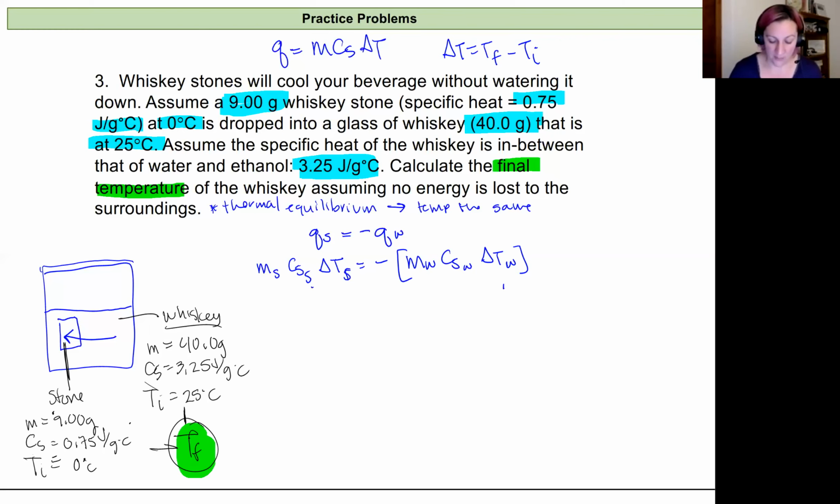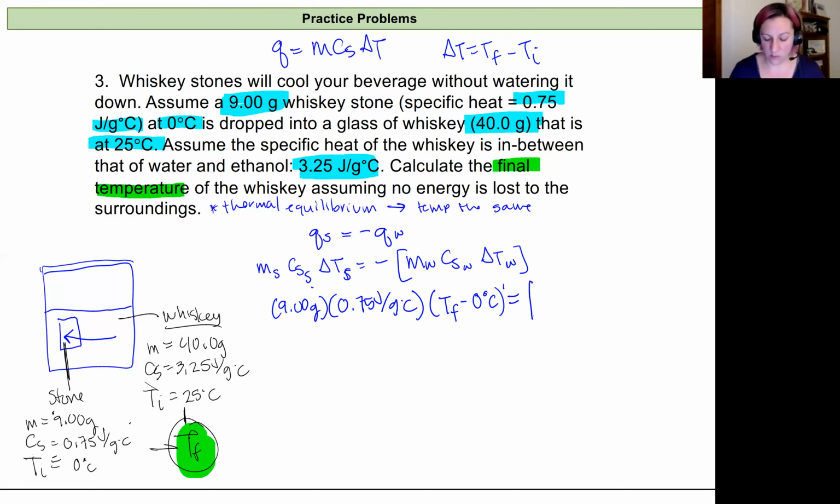So I'm going to start with my stone side and then do the whiskey side second. So I'm starting with this 9.00 grams of my whiskey stone times my 0.75 joules per gram degrees Celsius for my specific heat. My final temperature then, I'll subtract from my final temperature that 0 degrees Celsius.